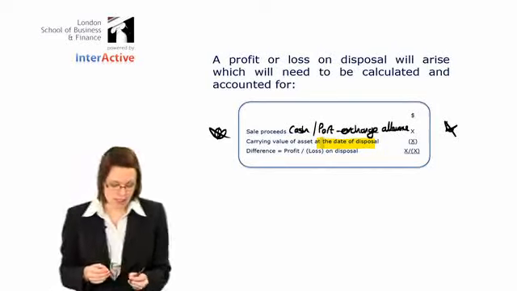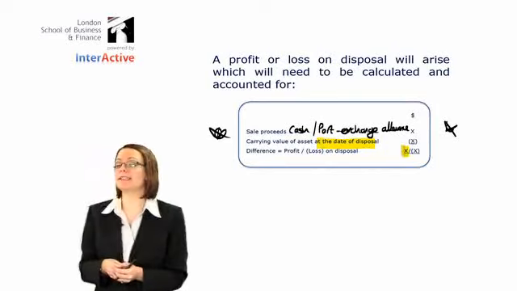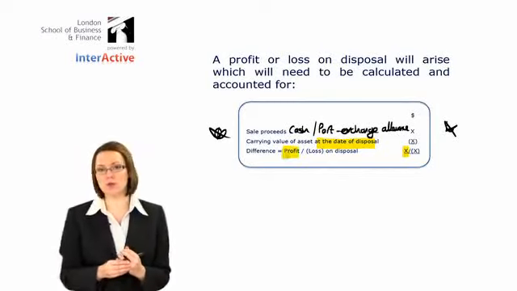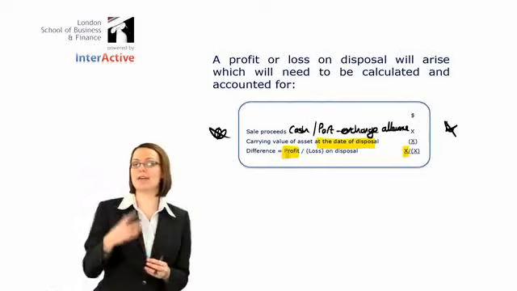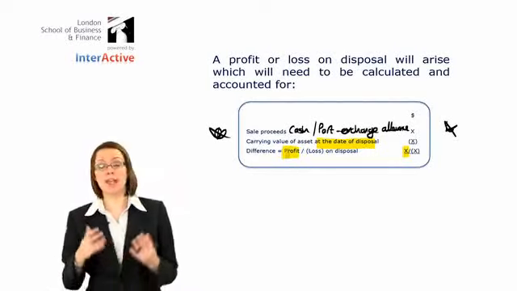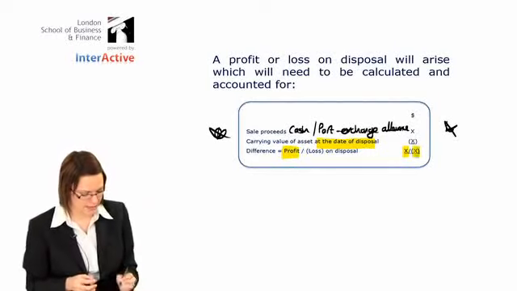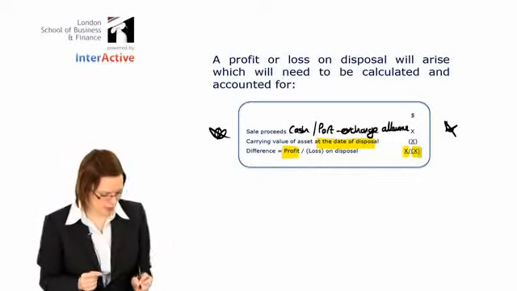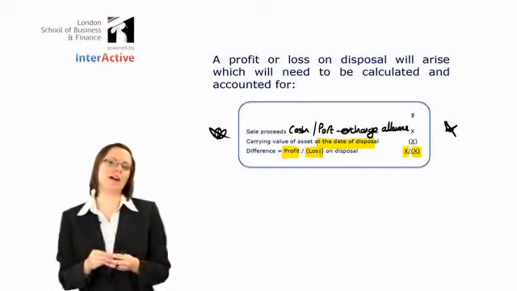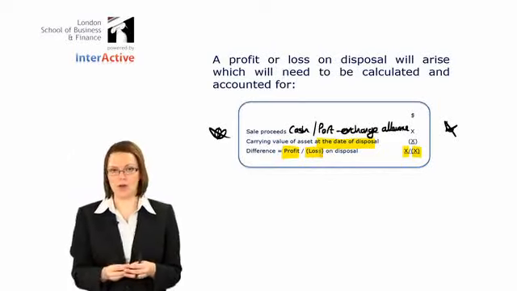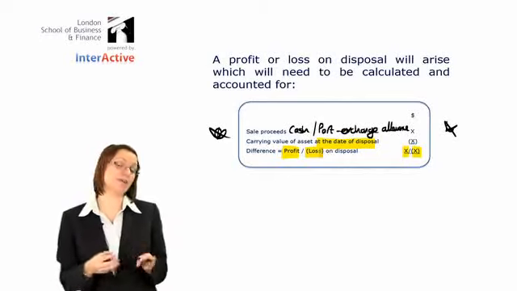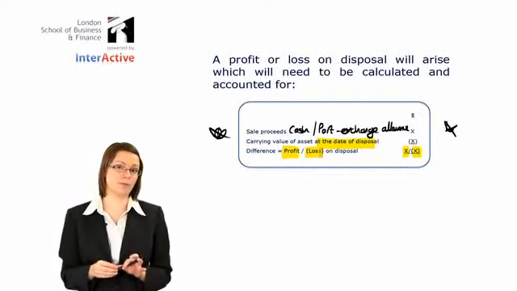Now, as a result, if you have a positive figure dropping down at the bottom, you have made a profit or gain on disposal. You clearly sold the asset for more than its book value or carrying value. If the figure at the bottom is a negative figure, then that would be a loss on disposal. We sold the asset for less than the value that we are carrying it at in our books, so in our financial statements. And that's it really, that's how you calculate a profit or loss on disposal.